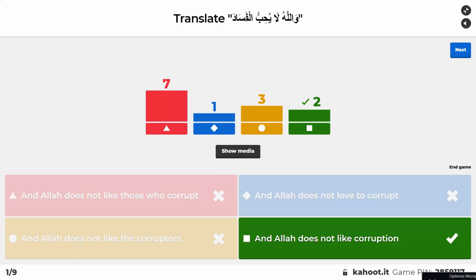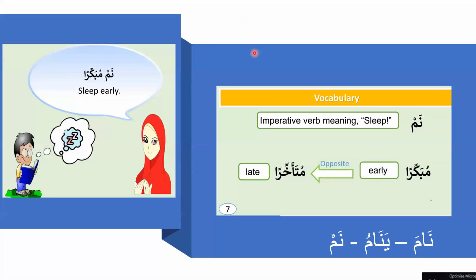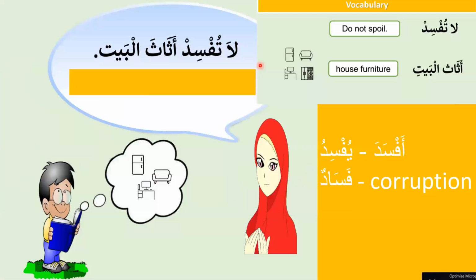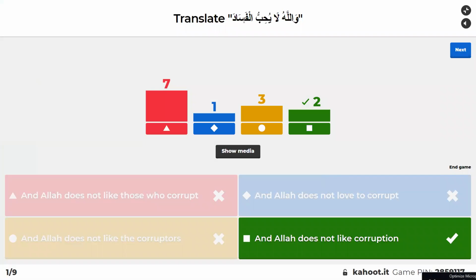Al-fasada is like fasadun, so fasadun is corruption. Al-fasadu is the corruption, or specific corruption. Here, al-fasadu becomes al-fasada because it's the detail. Fasidun is corruptors, those who corrupt. But fasadun is corruption.